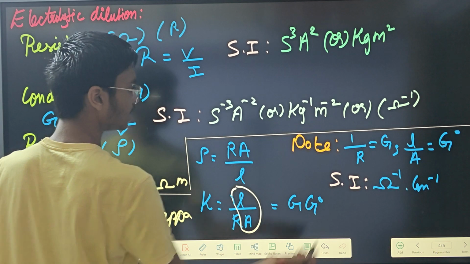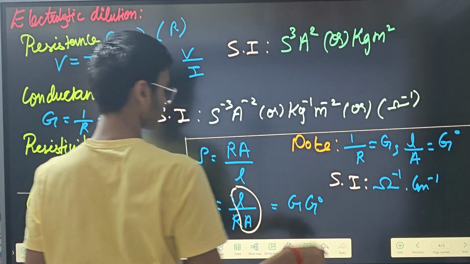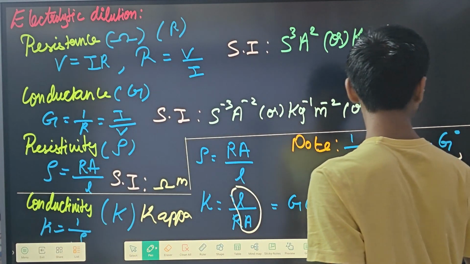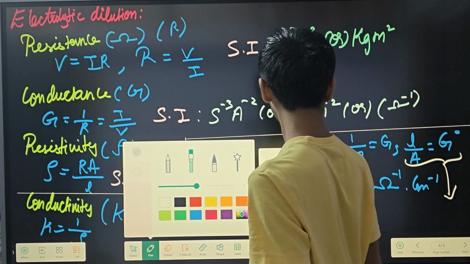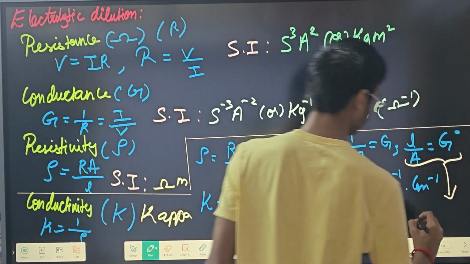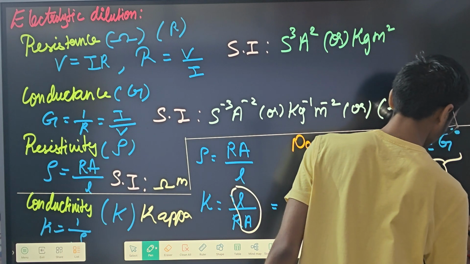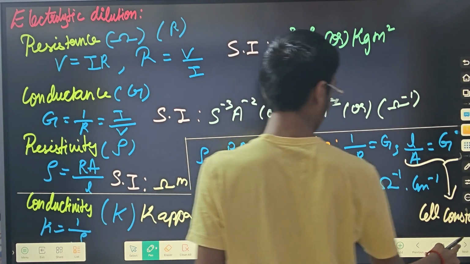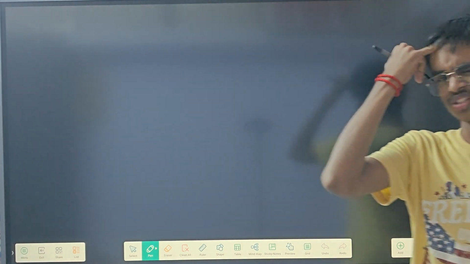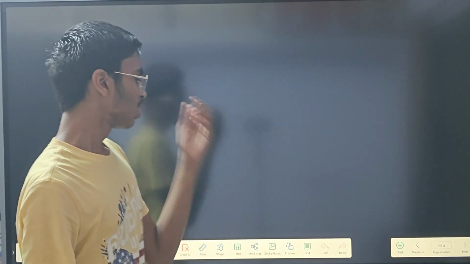What is cell constant? This is what is known as cell constant. It is ideal, it cannot be changed, right? The vessel of a cell cannot be changed.